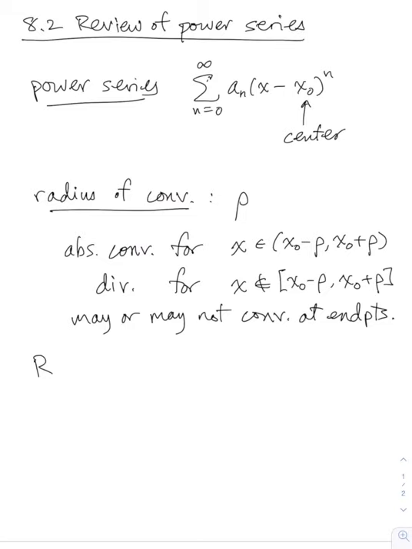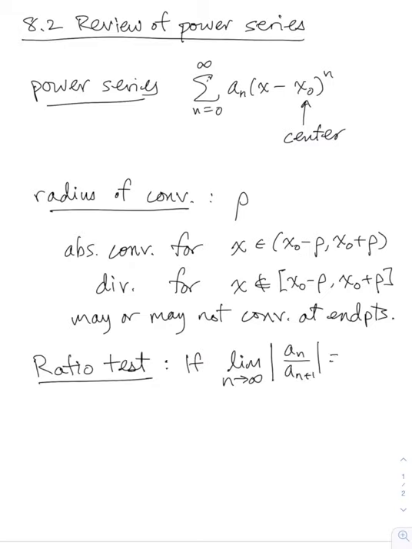One of the most common tests for convergence, and one that we'll be using a lot in the coming things that we do, is the ratio test. The ratio test says the following: if the limit as n goes to infinity of the absolute value of a_n over a_(n+1) exists and equals some number L, then the radius of convergence is rho equals L. Because of the absolute values, L can't be negative, so it is any non-negative real number.